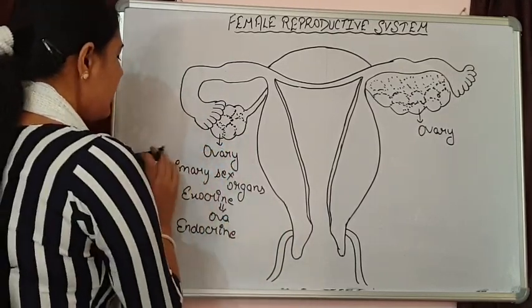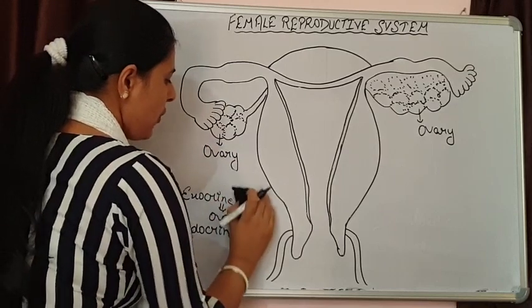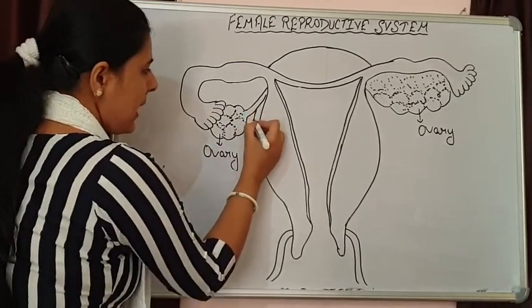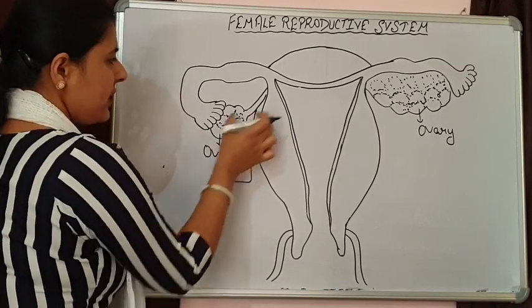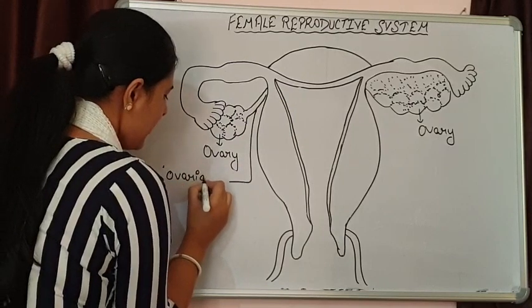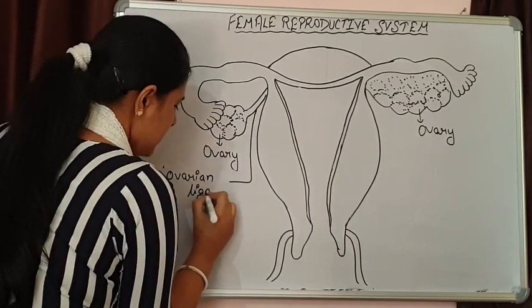Now these ovaries are attached with the walls of the uterus with the help of ligaments. These ligaments attach the ovaries with the walls of the uterus, and they are known as ovarian ligaments.